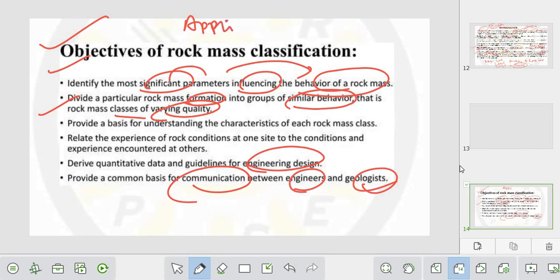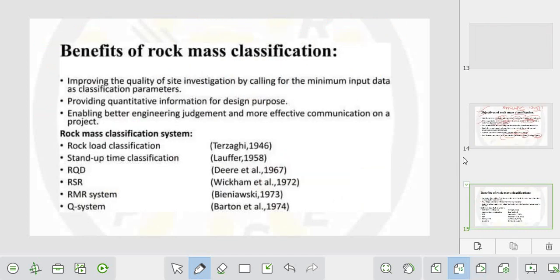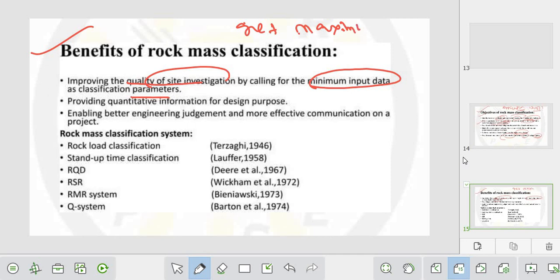This is all about the application part. क्यों हम यूज करते हैं, why, that is more important, ठीक है. So the benefit of rock mass classification is improving the quality of site investigation by calling for the minimum input data as classification parameters. By inputting the minimum data, how do you get maximum benefit, through minimum input.